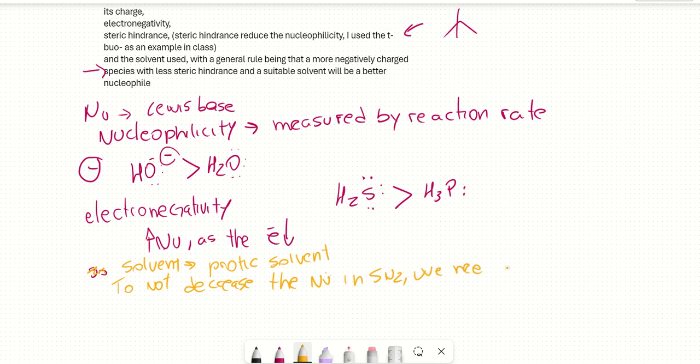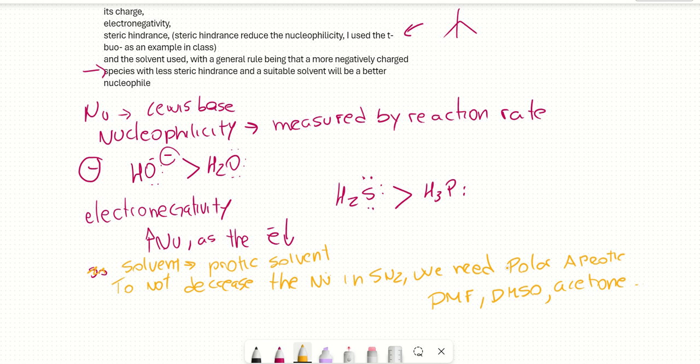we need polar aprotic solvents. Okay, good examples are DMF, DMSO, or acetone. Okay, these are good solvents for this.